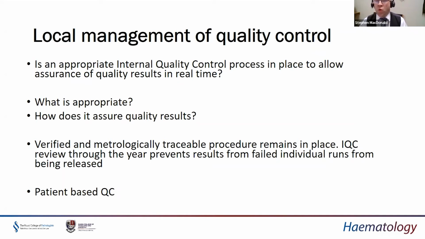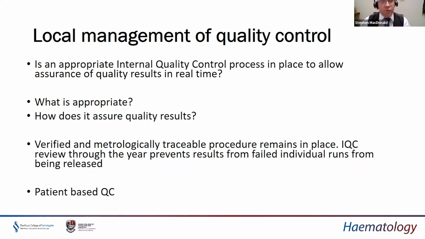We need to think more along the lines of our biochemistry colleagues and even more advanced methods than that, in order to be sure that when we quality control our tests, we know that the results that we are producing as a result of an in-control process are clinically acceptable. We need to know how to determine what is appropriate, and we need to know what evidence that gives that it does assure quality results.